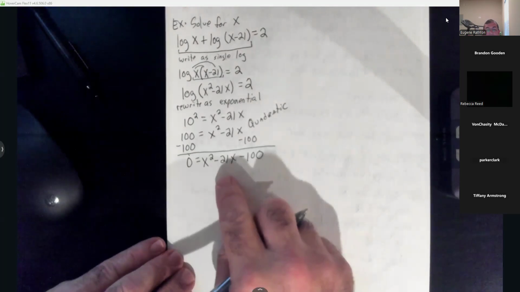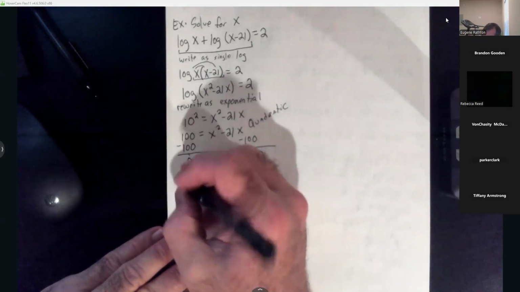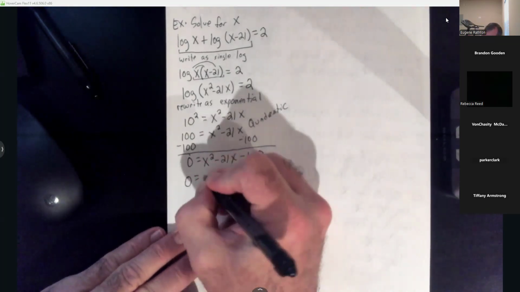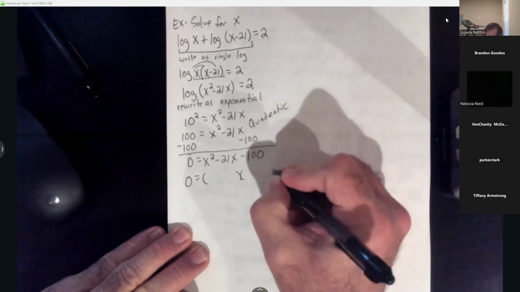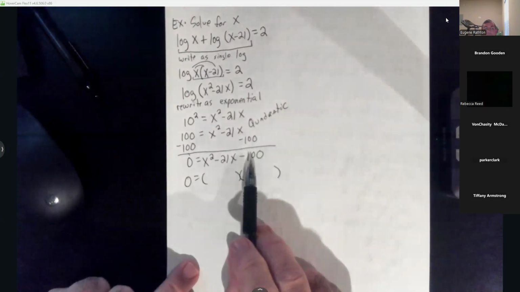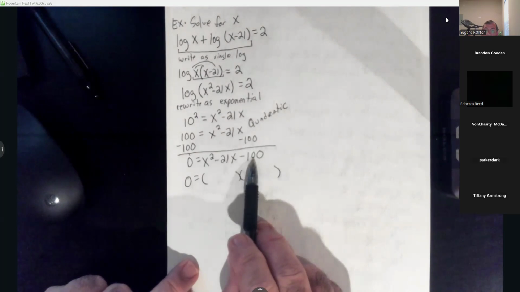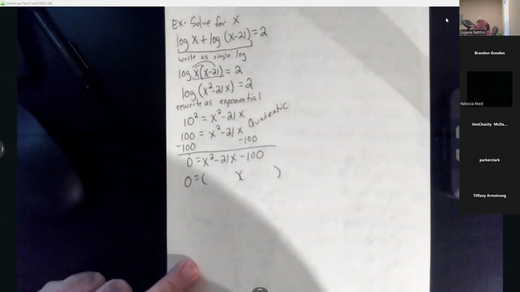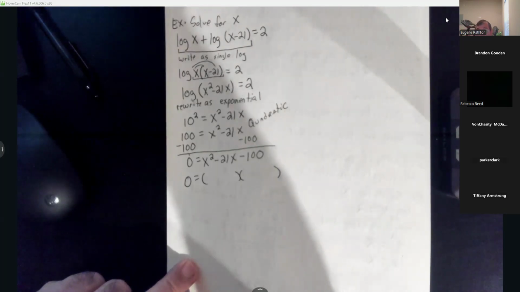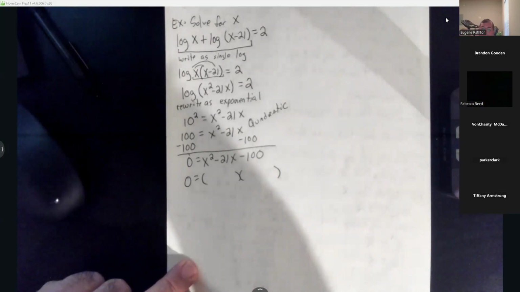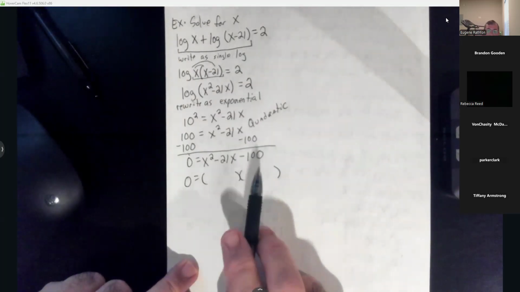Now, I'm going to solve this by factoring. Y'all can solve it by quadratic formula if you want to. And I think in the week 5 folder, remember you got that little quadratic formula calculator website? It'll work on this also.